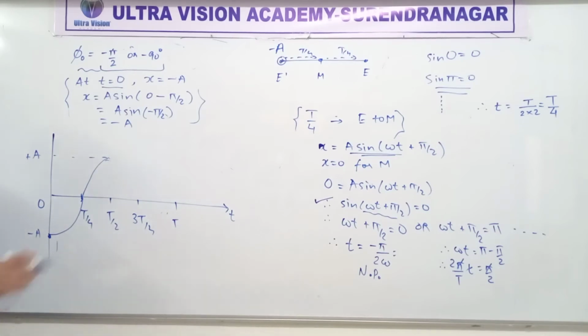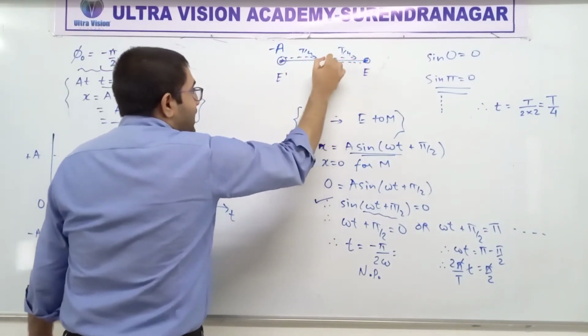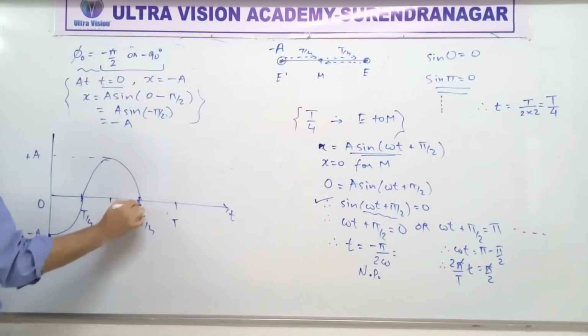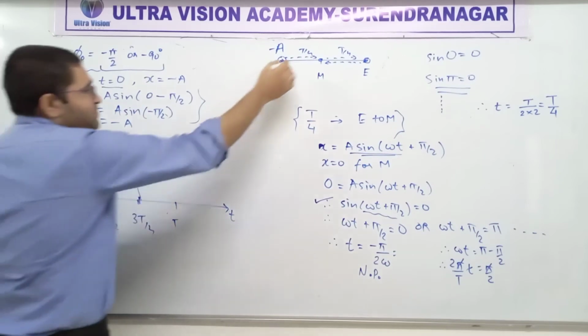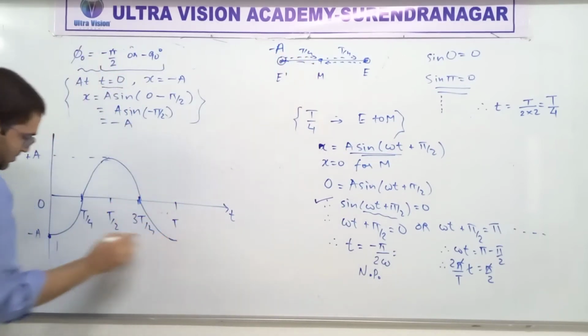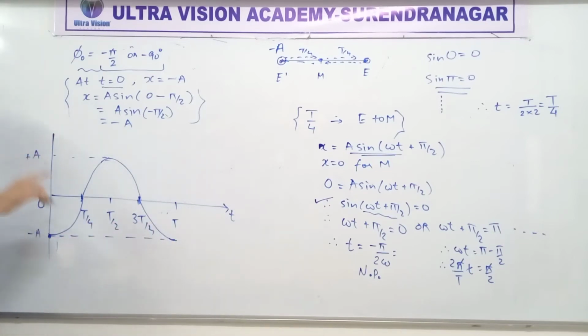Okay, then in T by 4 more time it will go from E back to M. Like this. Okay. And then finally in T by 4 more time it will go from M to E dash. So it's back where it started from. So this is what we have. Okay, again this is the same graph.